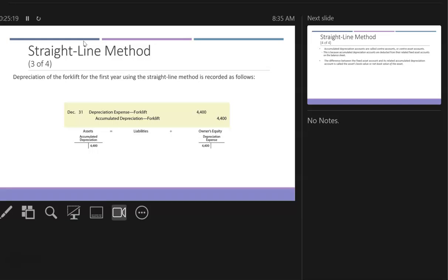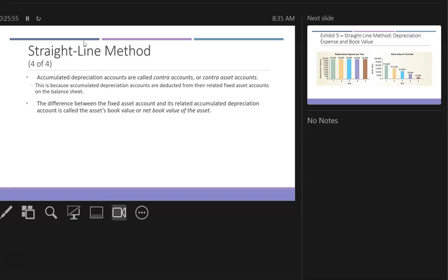And we also want to know how much depreciation we have accumulated on this asset. Does that make sense? So we keep them separate. Now, the net cost of the asset is going to be the fixed asset minus the accumulated depreciation, which shows us the net cost. We know that depreciation expense is an expense on the income statement.